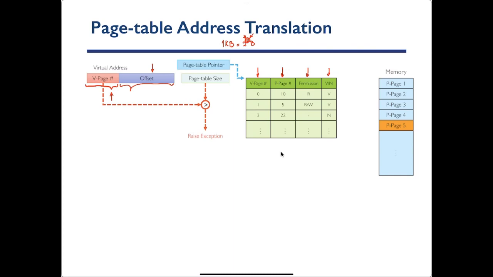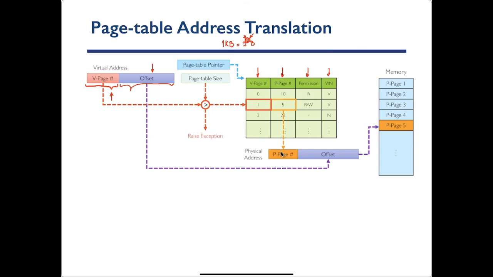If the virtual page number is within the size of available virtual pages, then we just go to the table. We look at the translation, and we find the physical page number for this virtual page number. Then we just copy the same offset, because the offset is not going to change.